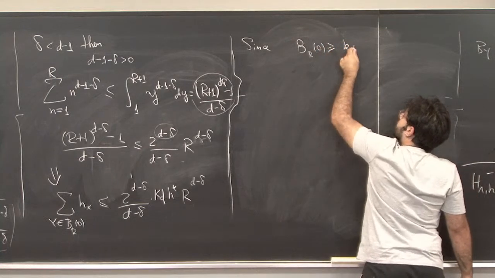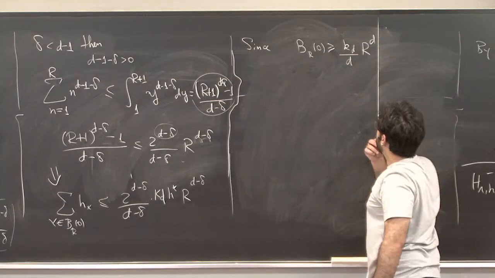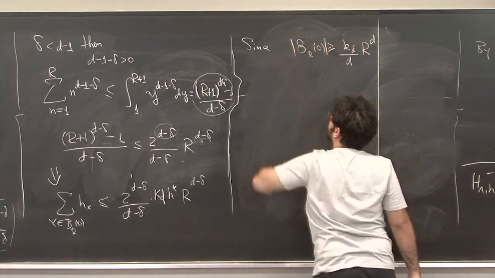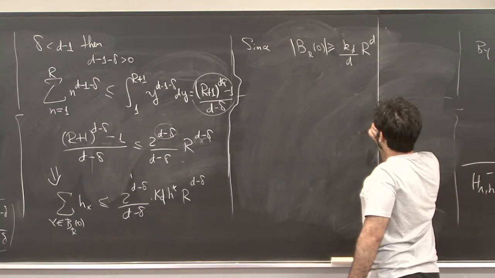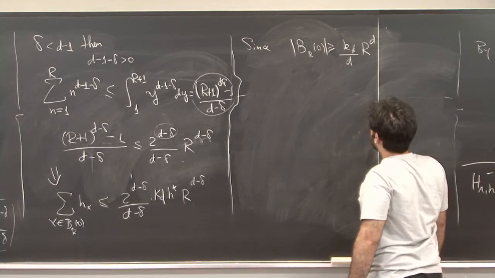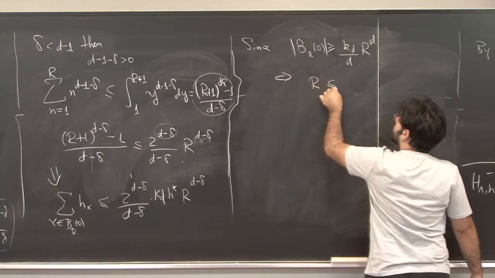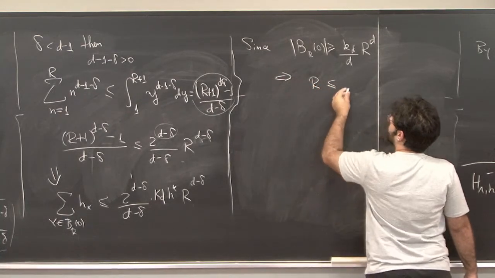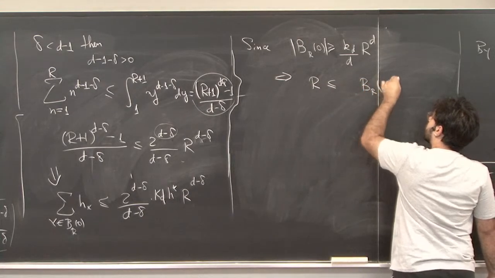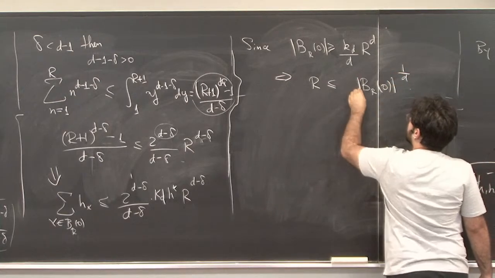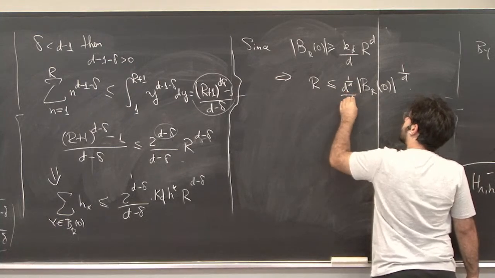This is larger than k_d over d times r^d, the size of the ball. So this means in particular that r is less than the size of the ball to the power 1 over d, times some constants, 1 over d times k_d to the 1 over d.